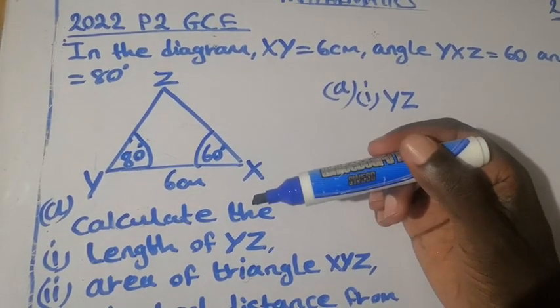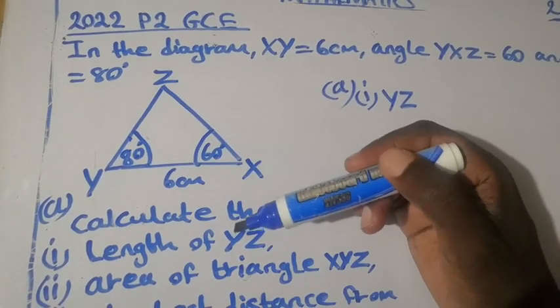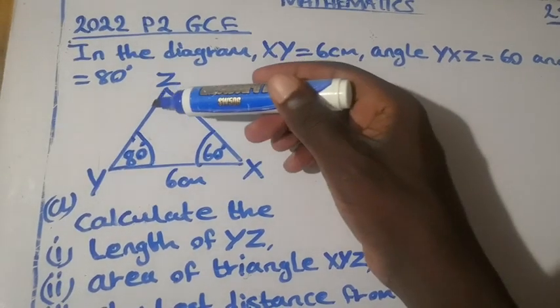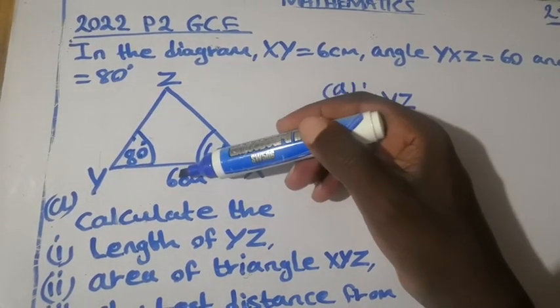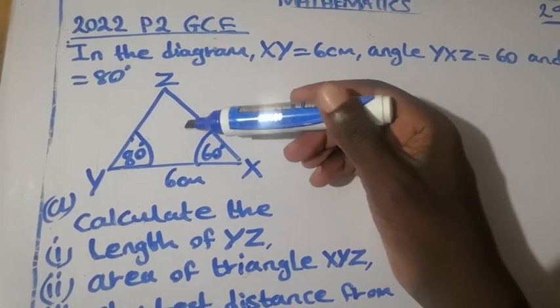Now the sine rule can only work with sides that are given. We have 6 centimeters given here, but we don't have the corresponding angle for this side. So we have to look for the corresponding angle.